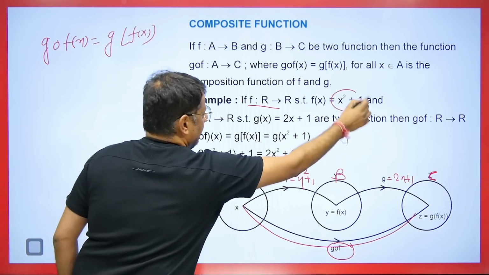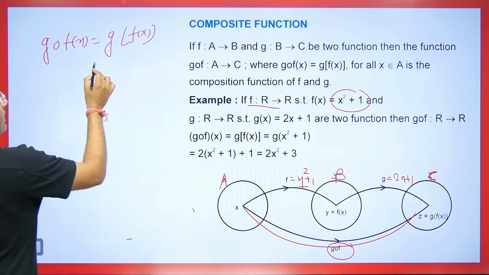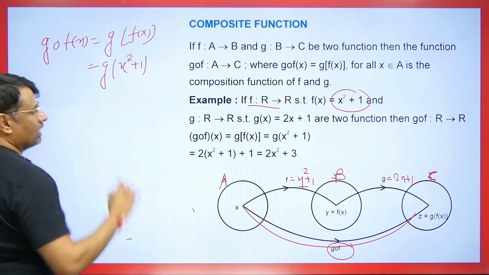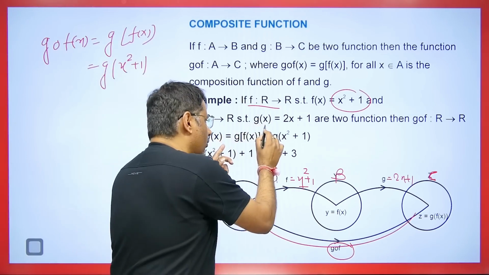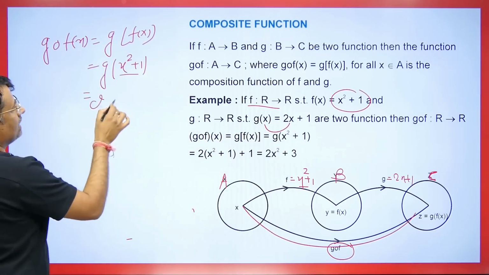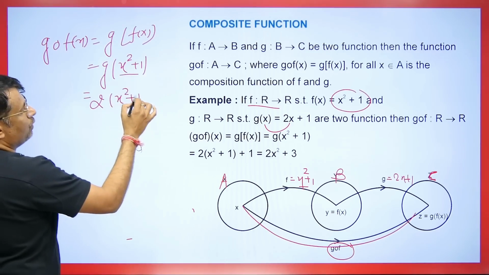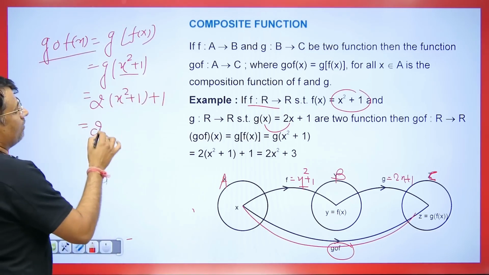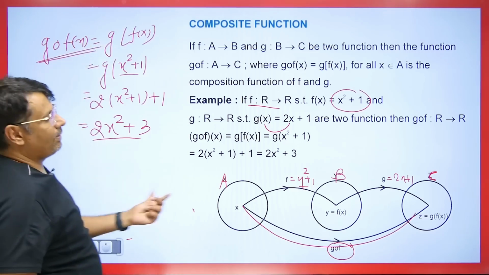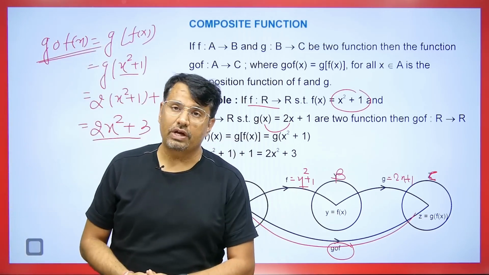It means x square plus 1. We know the value of g(x), so this x here is replaced by x square plus 1. This will be 2(x square plus 1) plus 1. Now if we solve this, we get 2x square plus 3, which is equal to (g o f)(x), right? So we take out these values like this.